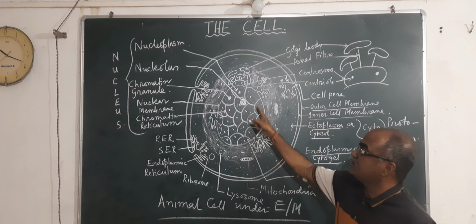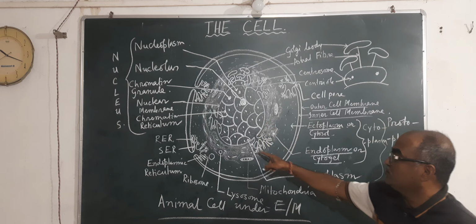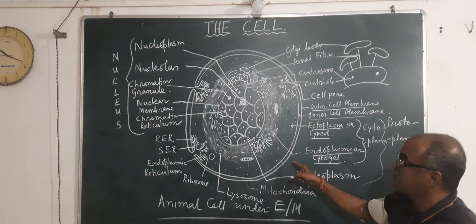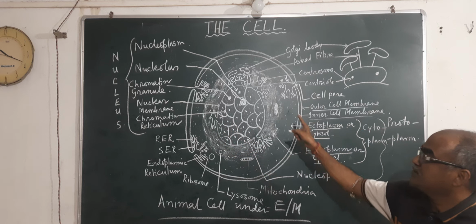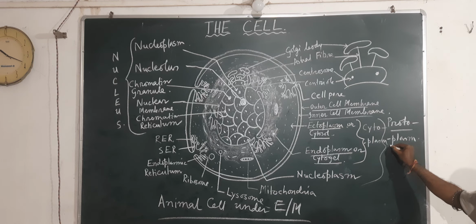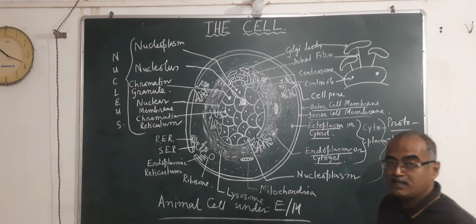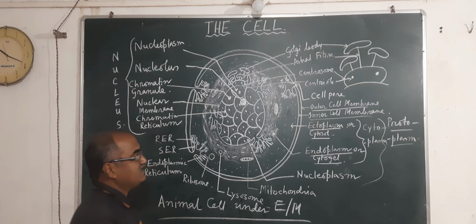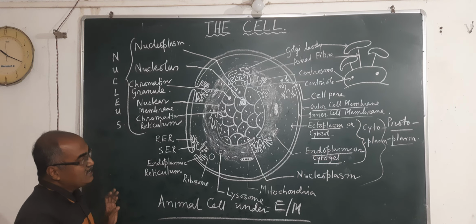Inside the nucleus there is a nucleoplasm. Nucleoplasm and cytoplasm, that is all the liquid part of the cell, is called the protoplasm. Protoplasm is called the physical basis of life. Try to remember this.